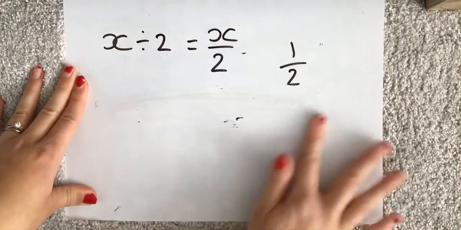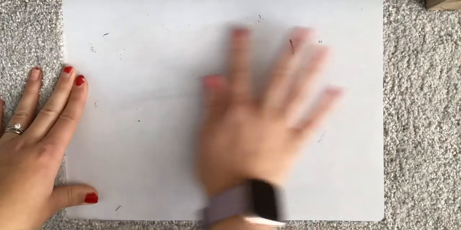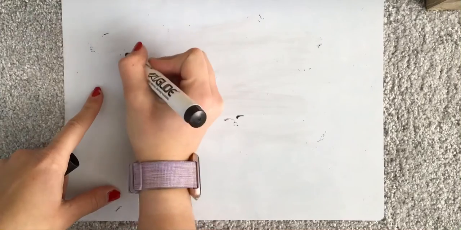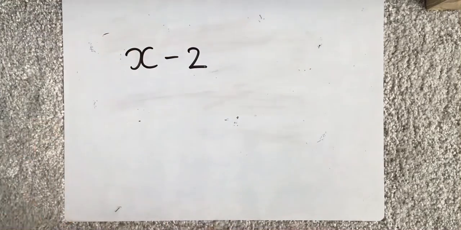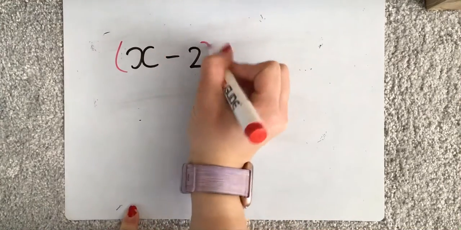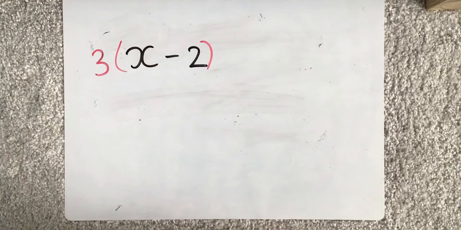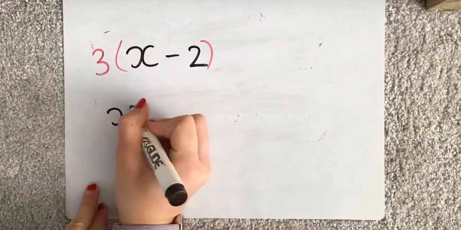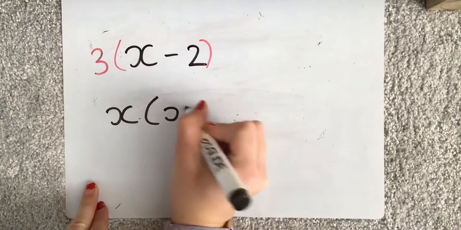The other thing that we can have is just basically addition and subtraction. Okay, so we could have something like x take away 2. And that is an expression. Okay, now what could make it more complicated is you might have something like 3 times all of this. You might even have different letters involved. Okay, so you could have something like x upon xy.